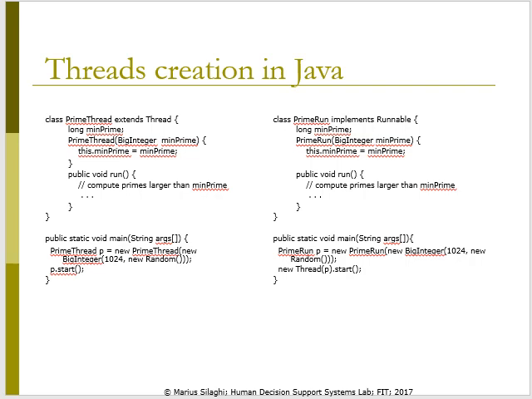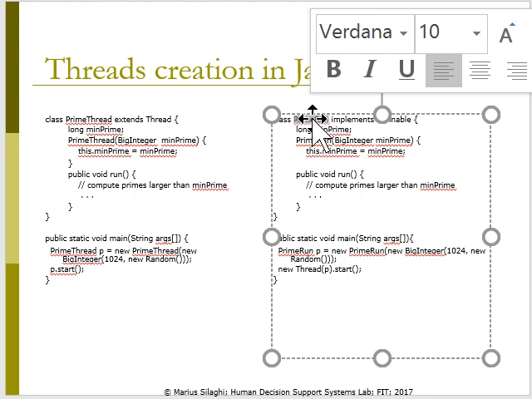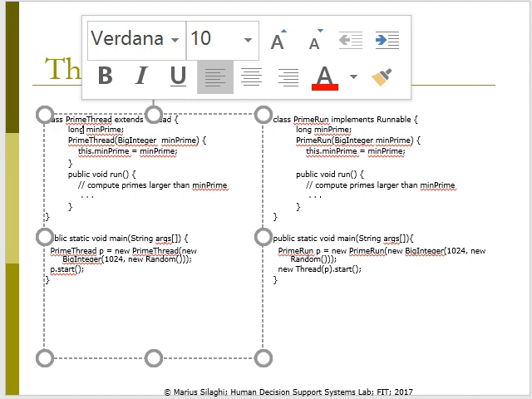Which method should one select? Well, if your class has to extend a different class, and since in Java one is allowed to extend a single class, then the only available solution will be to implement Runnable. Otherwise, extending Thread is just minorly more comfortable. So let's see the difference between the two.